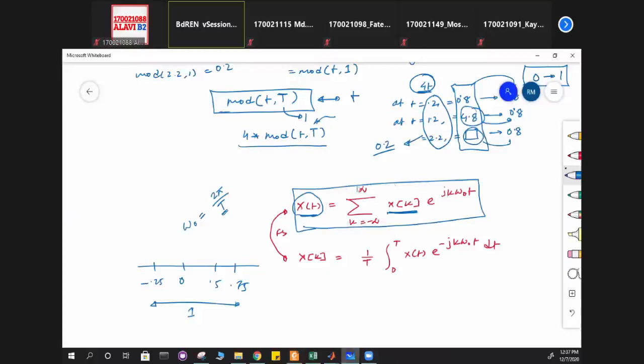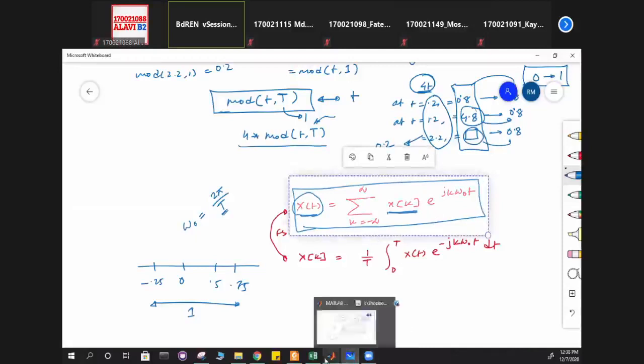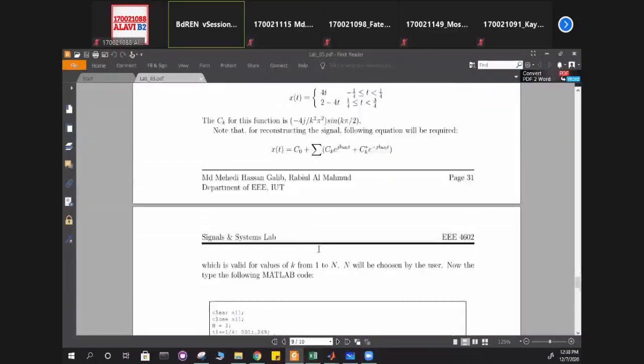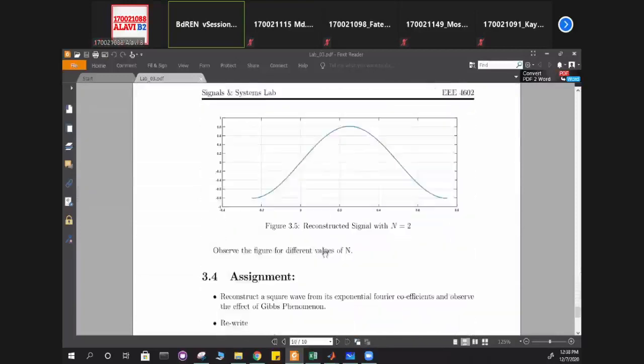Try to do it with this equation and see whether the results are the same or not, and keep in mind that for k equal to 0 we had a separate value. So in this case, for k equal to 0, xk is 0. For other values, use this equation for the same function that has been given in 3.3.3. Is it okay? Yes, sir.